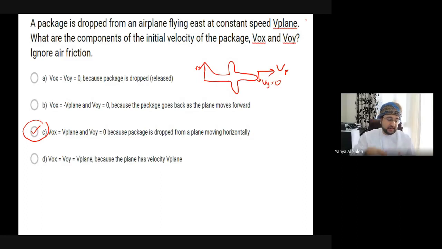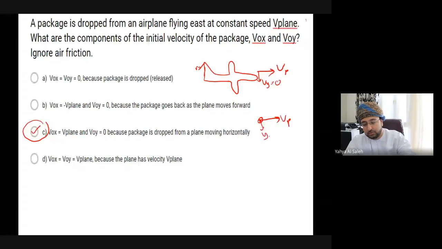So what happens is, as soon as it leaves the plane, that velocity Vp that it had while inside the plane doesn't actually disappear. It's still there. So it still has a velocity in x, which is Vp, but its Vy is equal to 0.